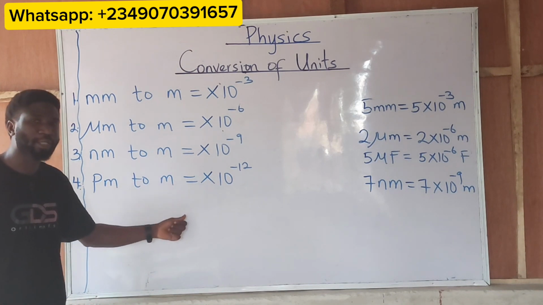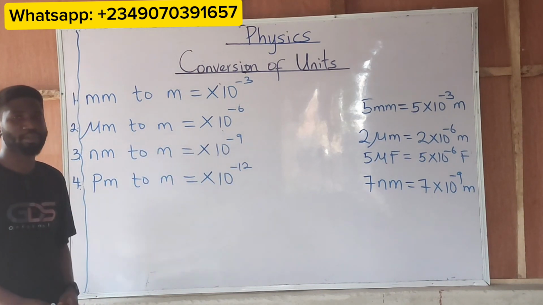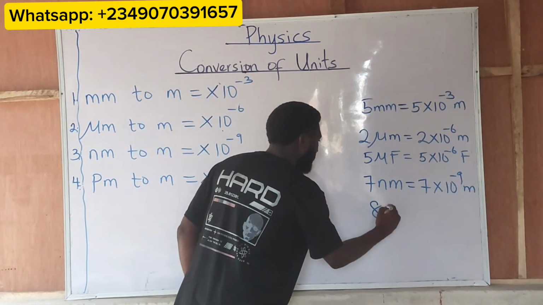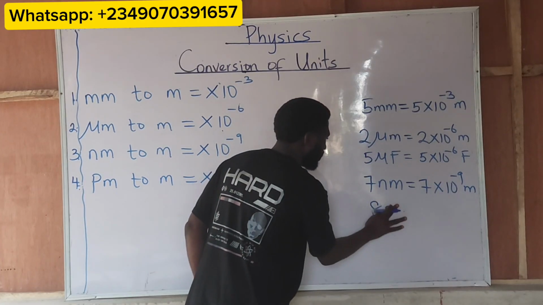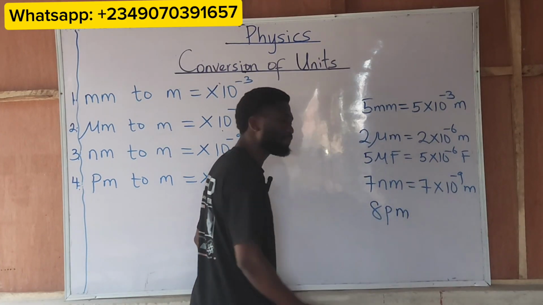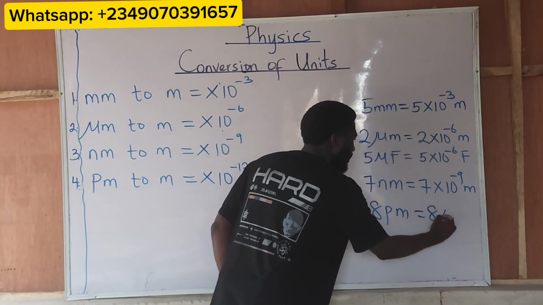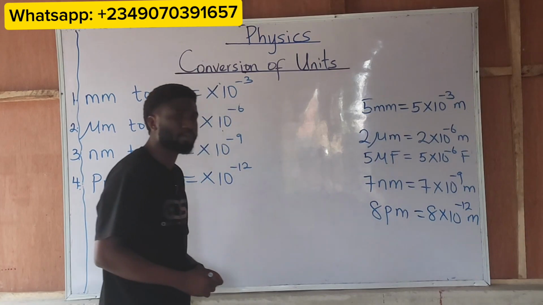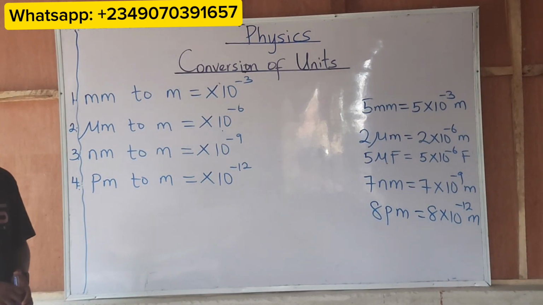But meter back to picometer, that will be times 10 raised to power 12. So let's say we have 8 picometer to meter. This will be 8 times 10 raised to power minus 12 meter. So please take note of this.